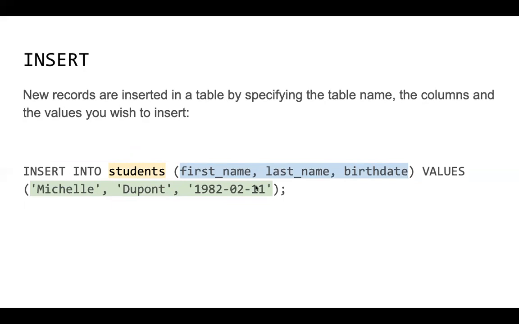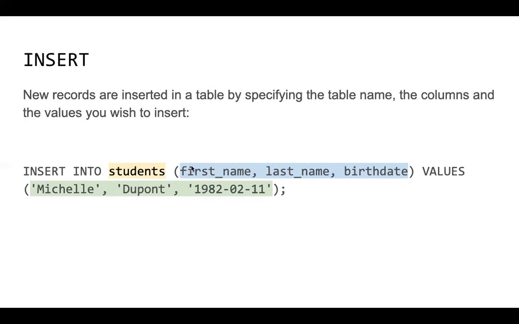If I just did first name with Michelle, then it would still create the row, just last name and birth date would be null. Unless those had a constraint that said not null, meaning that they can't be null, in which case the query would be rejected.